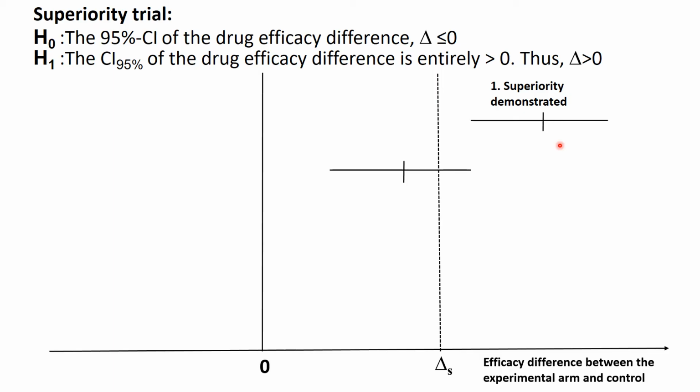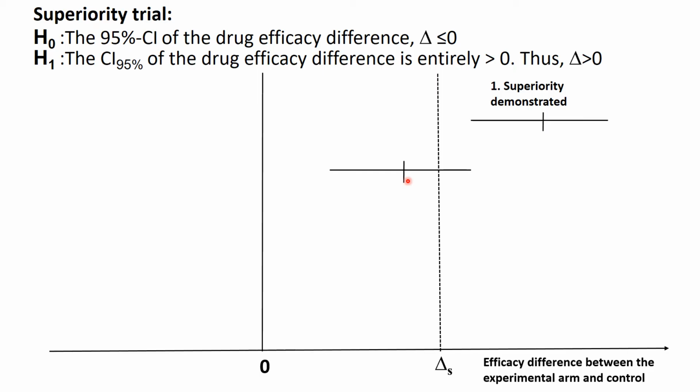Now let's also look at this. Assuming the confidence interval of the difference between the control arm, or the existing drug, and the new treatment is like this, would you say the new drug is demonstrating superiority or inferiority, or both?